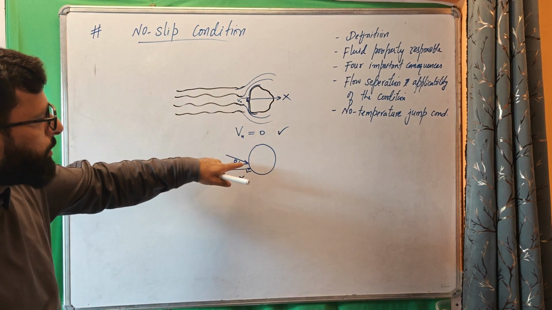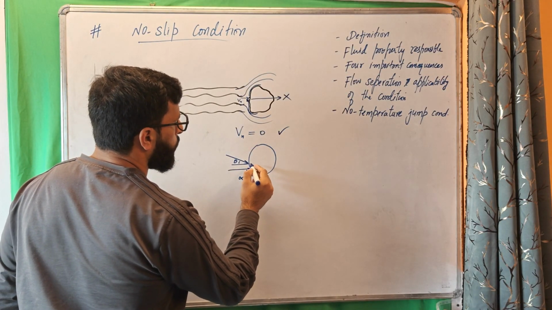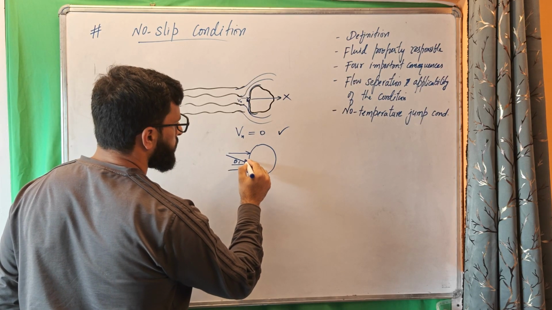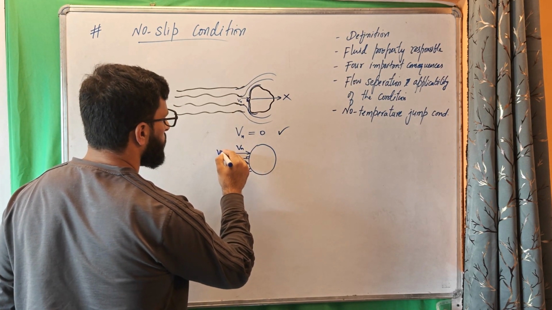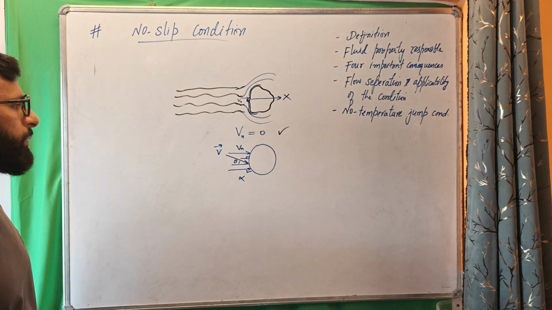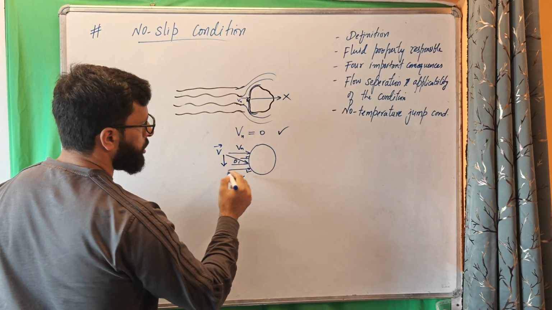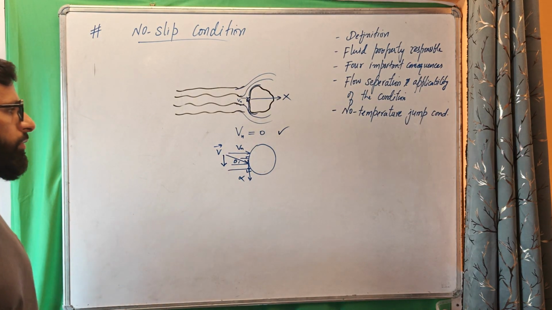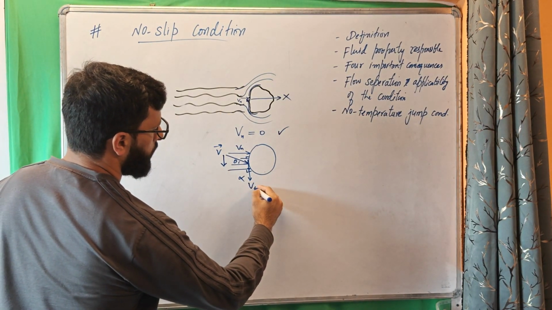When this fluid comes in contact with the solid surface at an angle theta, we will have two components. One will be the normal component to the surface, V normal. This will be the velocity of the fluid that is coming in contact with the solid surface, and it will have a tangential component like this, which is parallel to the surface, V tangential.